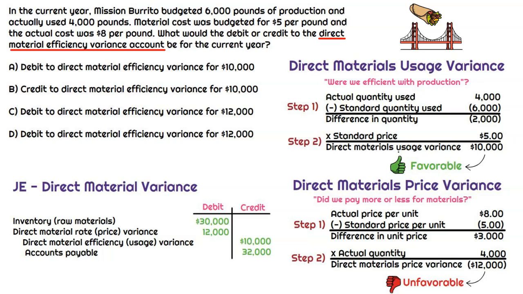Now we were more efficient, meaning we purchased and used less, and that's where the direct material efficiency variance comes in. Now, since that was favorable, that's going to be a credit for $10,000. So if we look at these three accounts together, well, it nets out to the total impact to inventory of $32,000. And what's the offset there? Well, that's what we actually purchased at cost.